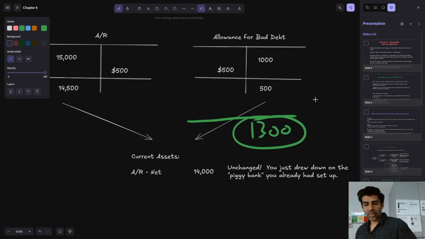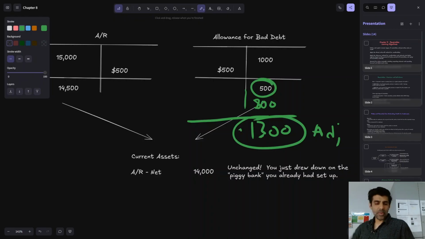I'm going to assume that this is the balance I need in allowance for bad debt based on my estimates. So what would my adjusting entry be? If this was my ending balance unadjusted, I want this to be my adjusted balance. What do I need to do? You need an 800 credit. And so that would mean that I would take a bad debt expense 800, credit allowance for bad debt 800. And then that would give me this piggy bank at the end of the year.